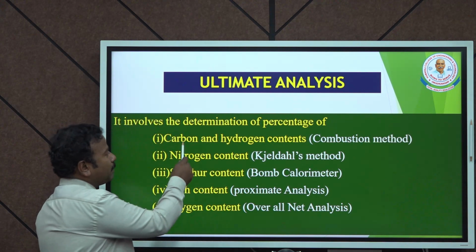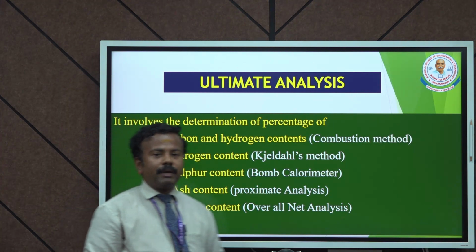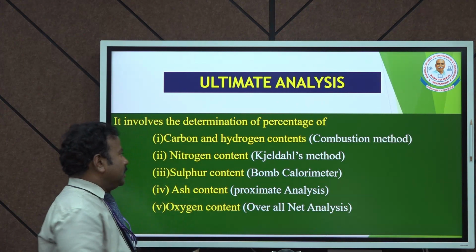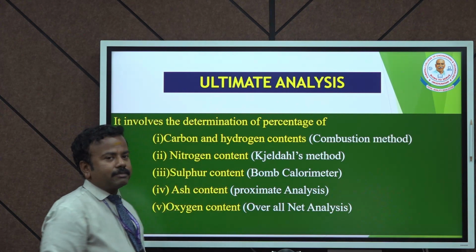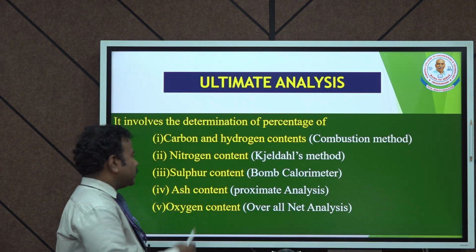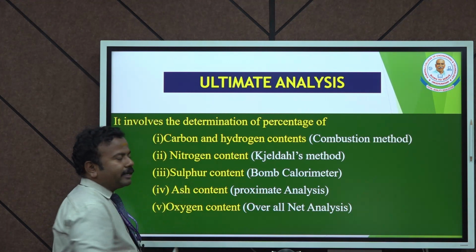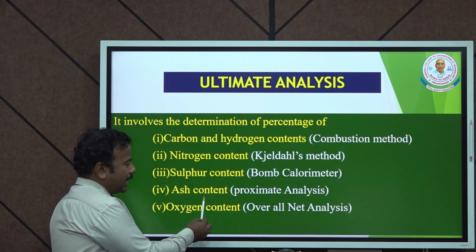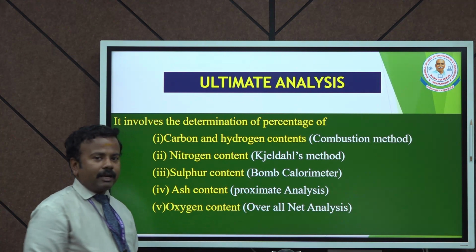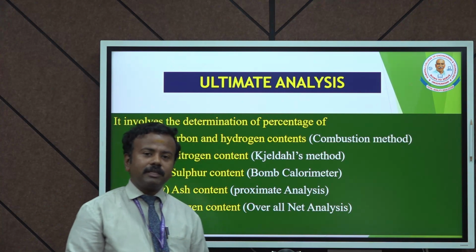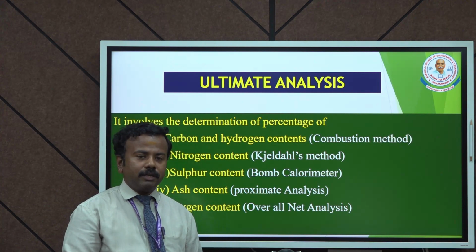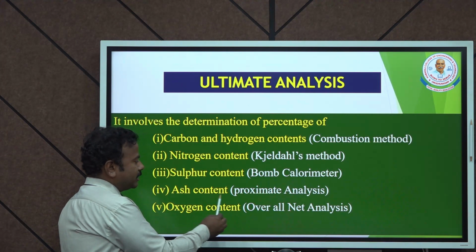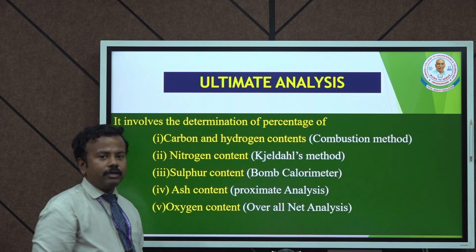The carbon and hydrogen content can be analyzed by the combustion method, using a combustion apparatus. Nitrogen content can be analyzed by the Kjeldahl method. Sulfur content can be analyzed by bomb calorimeter. Then ash content can be analyzed by proximate analysis, which we discussed in the previous session, where ash content was covered, so the same thing applies here.